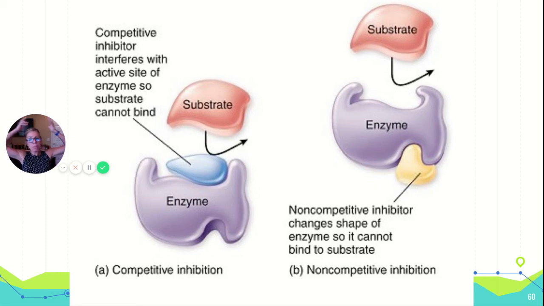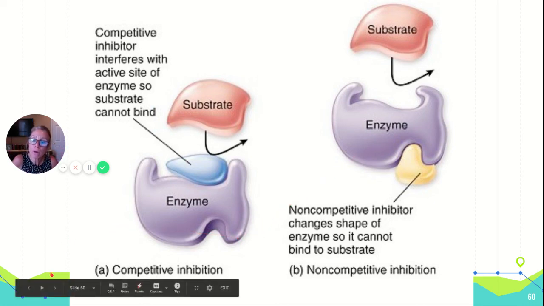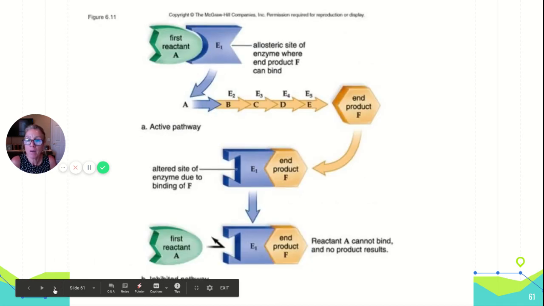Now, I don't want you to think, oh my gosh, you're turning off the enzyme, how mean. You do not want all enzymes to be running 100% all the time. We want it to be regulated so we can maintain our homeostasis. So this is a normal feedback mechanism in cells.